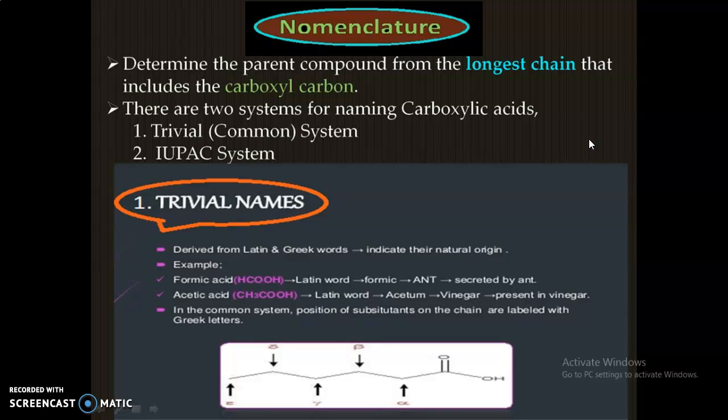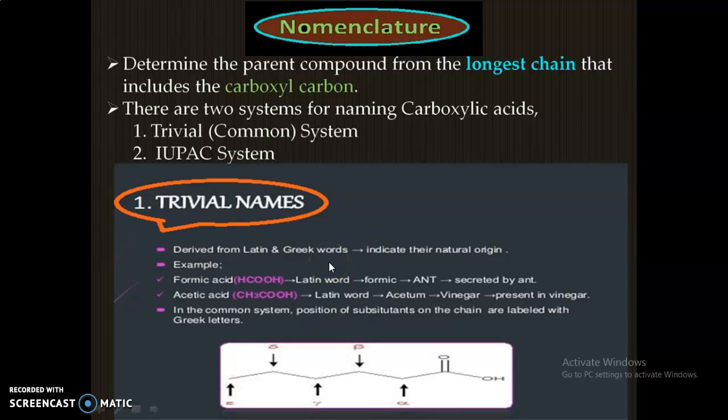It is very difficult to manage with this common or trivial system, so the IUPAC system was put forward. The trivial name is derived from the Latin or Greek word that indicates their natural origin.